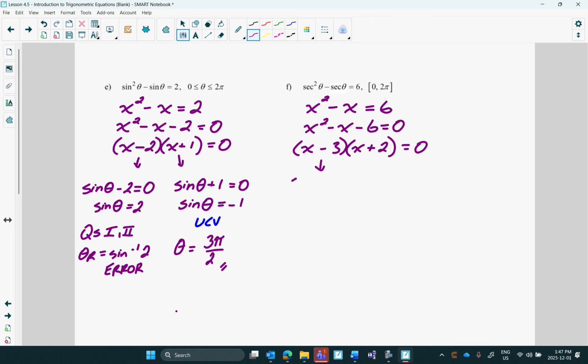Replace it back with cosecant theta minus 3 equals 0. This one becomes cosecant theta plus 2 equals 0. So cosecant theta equals 3 on this one. Cosecant theta equals -2 on this one.